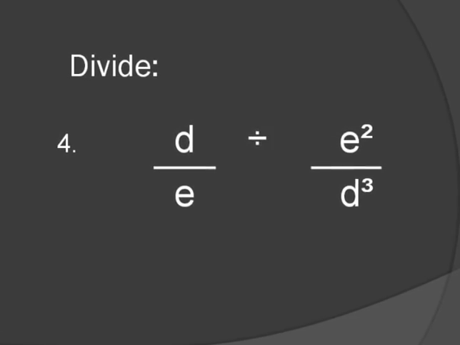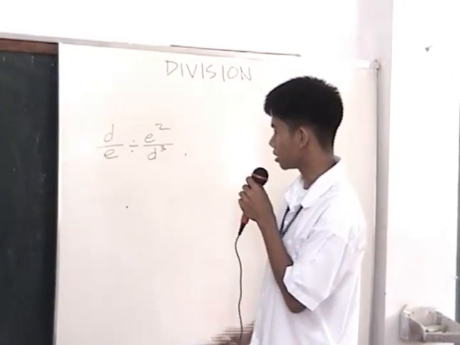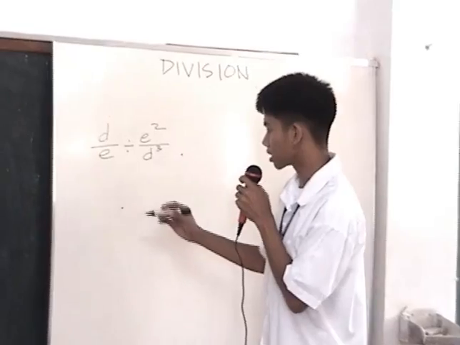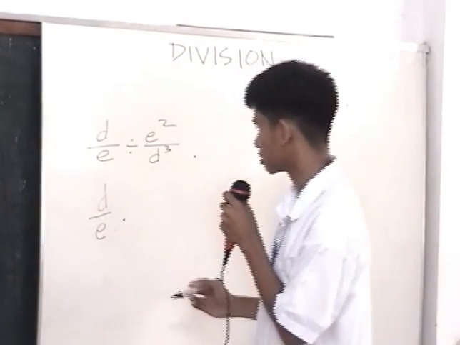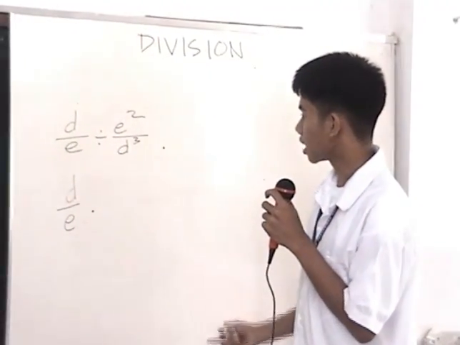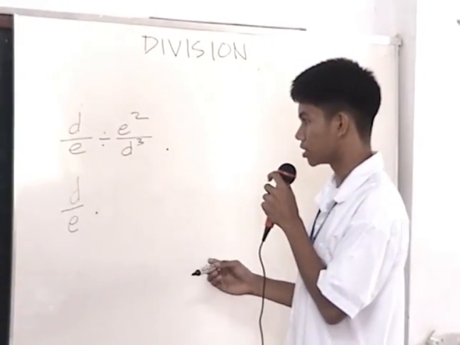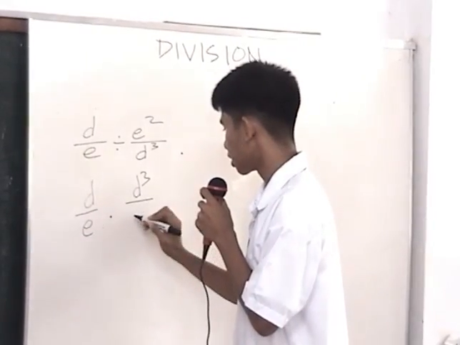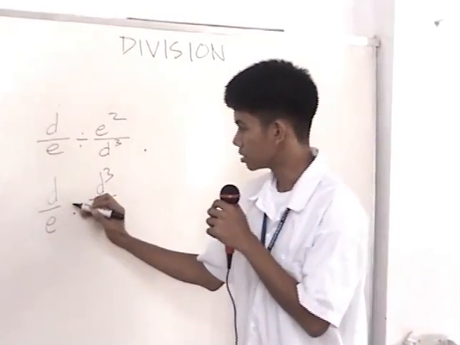In finding the quotient of this equation, d over e divided by e squared over d cubed, we just copy the first rational expression and find the reciprocal of the second rational expression. The reciprocal of e squared over d cubed is equal to d cubed over e squared, and we proceed to the multiplication process.